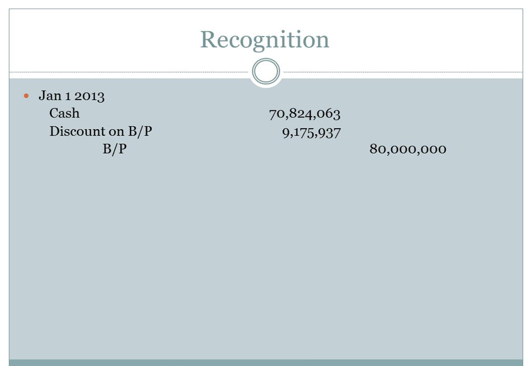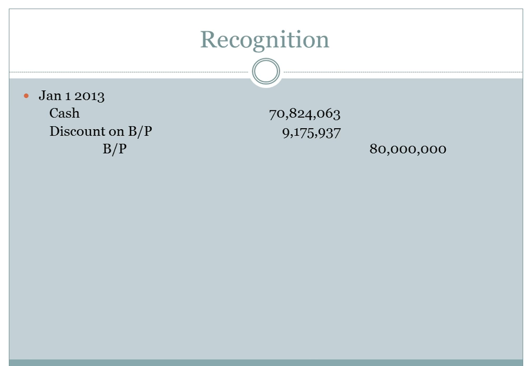So the historical cost of the asset minus its accumulated depreciation is the net amount that would appear on the balance sheet. Same thing happens here with bonds payable. Bonds payable, the face amount is $80 million, but it will be reduced by the discount on bonds payable when we go to presenting it on the body of the financial statements. So that's what happens on January 1st of 2013.